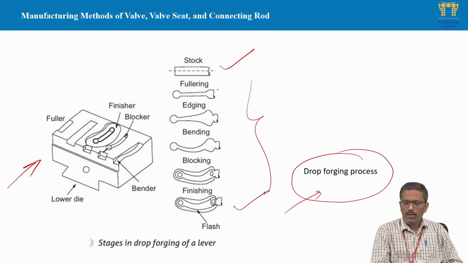In the first step, we take raw material in the form of a stock, and then we go for the first step of forging, which we call fullering, and the second step we call edging, that is fullering to edging.